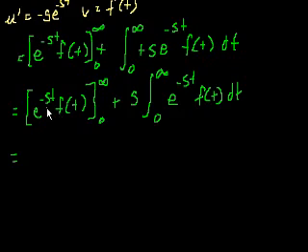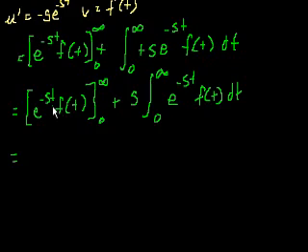And maybe later on we'll do some more rigorous definitions of under what conditions this expression actually converges. But let's assume that f of t grows slower than e to the st shrinks.